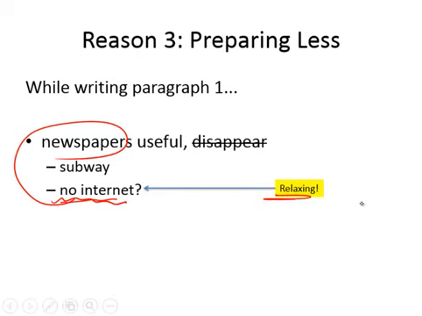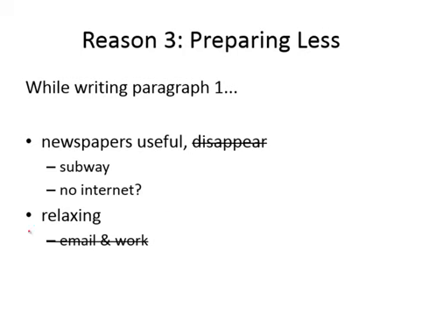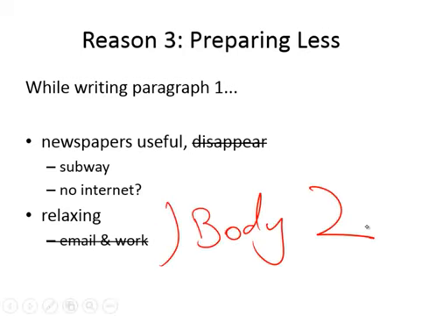I like being away from the internet sometimes because I don't have to check my email. I don't have to worry about my job, maybe. So that's kind of nice. And now I have body paragraph 2 here. I can write about how it's relaxing and how I don't have to check my email and do work if there's no internet. And newspapers are useful because you can relax.